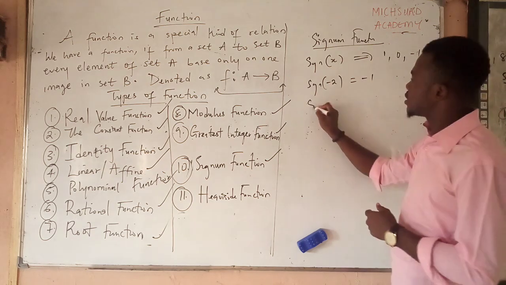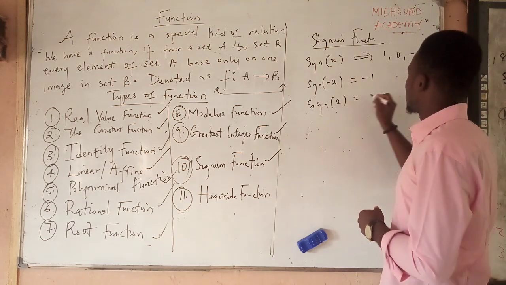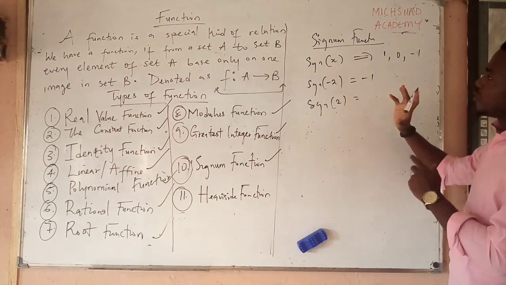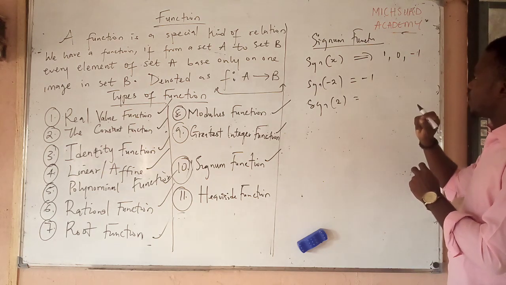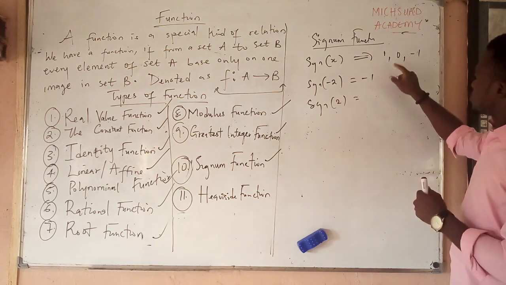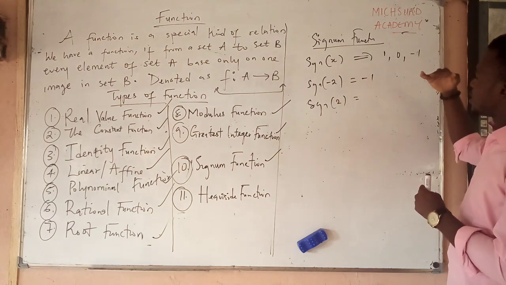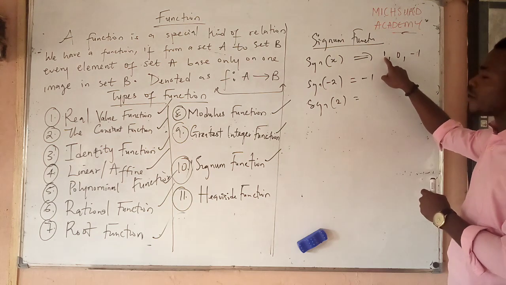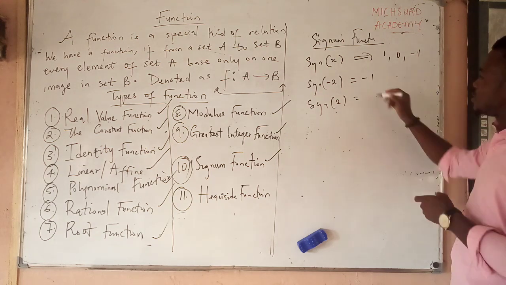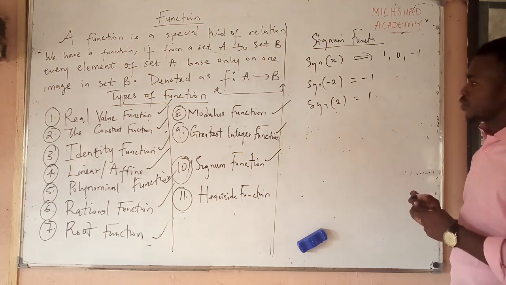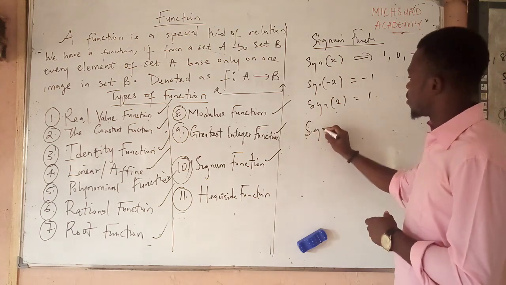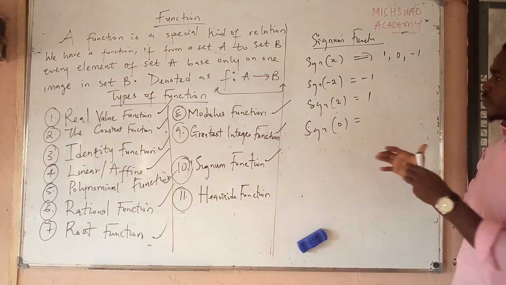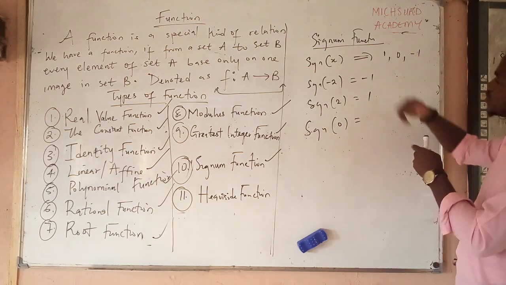Then when we consider the signum function of 2, we also have that these are the three values that the signum function can take. So if we look at any value that is greater than 0, it only gives us an output of 1, so our answer becomes 1. If you're looking for the signum of 0, it gives us 0.